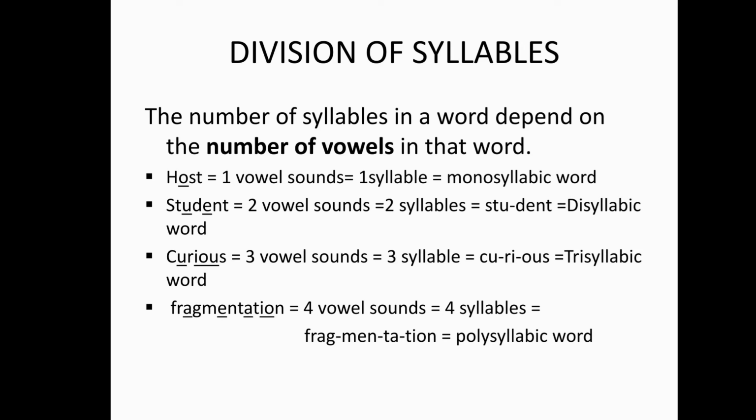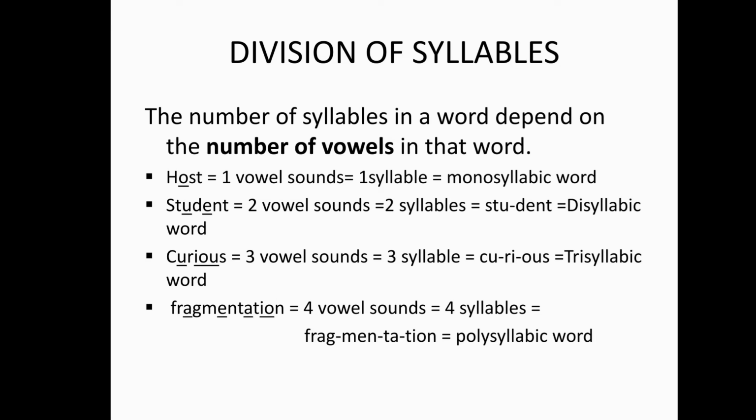In this word, we have A, E, A, I, O. Five vowels giving four vowel sounds. So we can divide this word into four syllables. So the division of syllables basically depends on the vowel sound of the word.